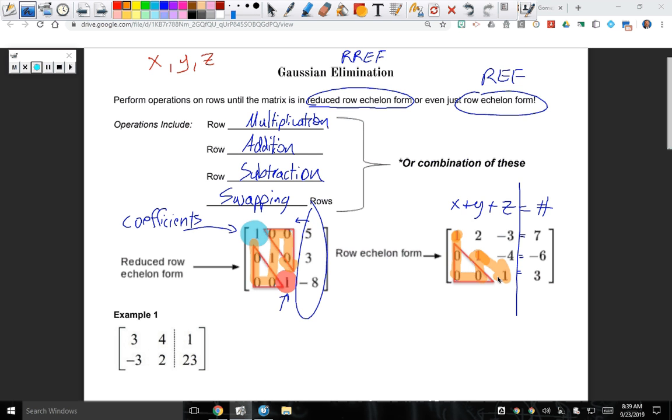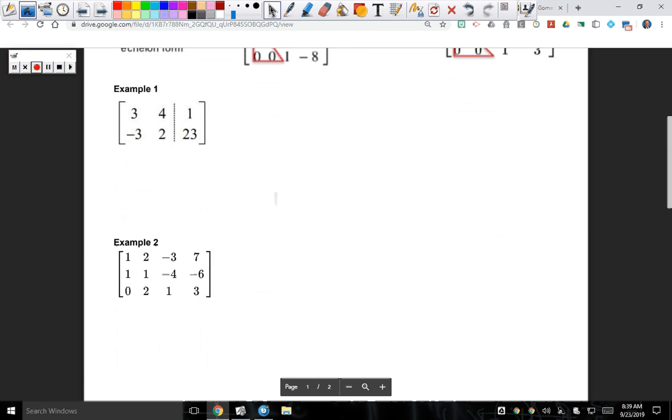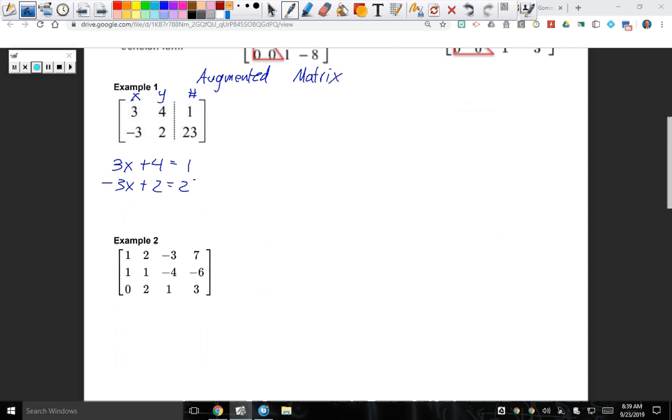Okay, so what this is, it's called an augmented matrix. And the augmented matrix, this one has 2 variables and then numbers over here. To where what you were used to looking at this as last class would have been 3x plus 4y is equal to 1, and negative 3x plus 2y is equal to 23.